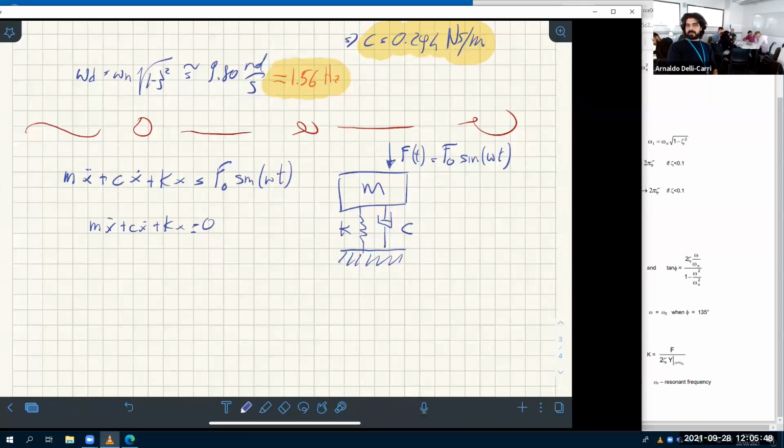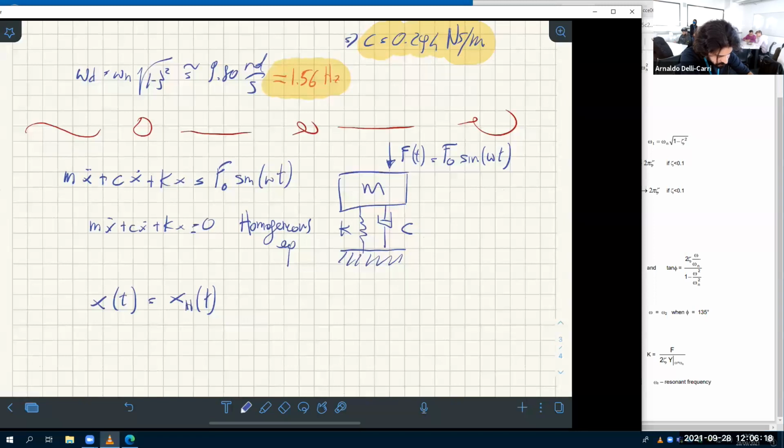Does this remind you of anything? Yes, we know the solution of this already because we did it just now. So this is the associated homogeneous equation, and the solution x of t is the solution of the homogeneous equation, which we know, plus the solution of the particular integral.